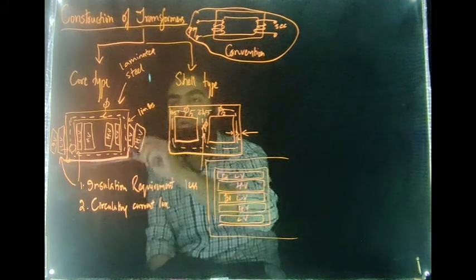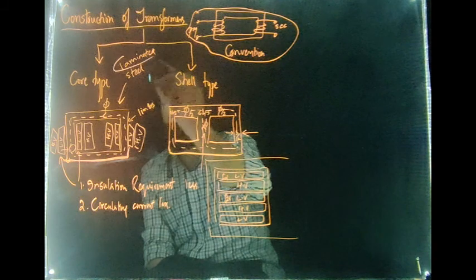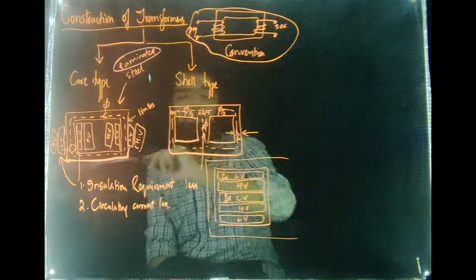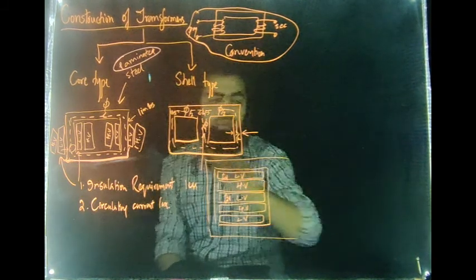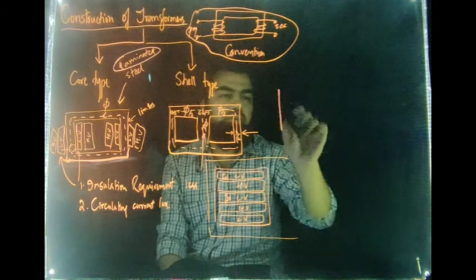Now we also pointed out that the core is laminated. So this core is a solid structure like this.